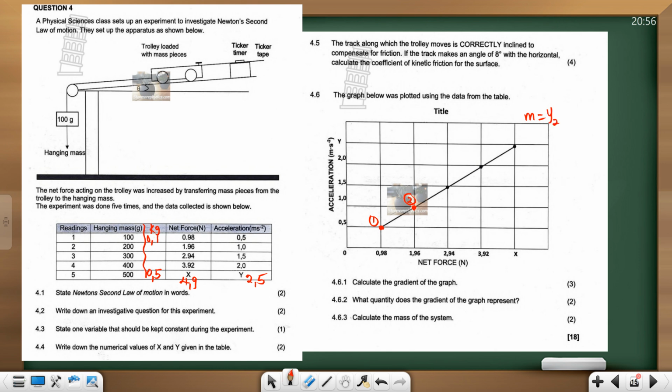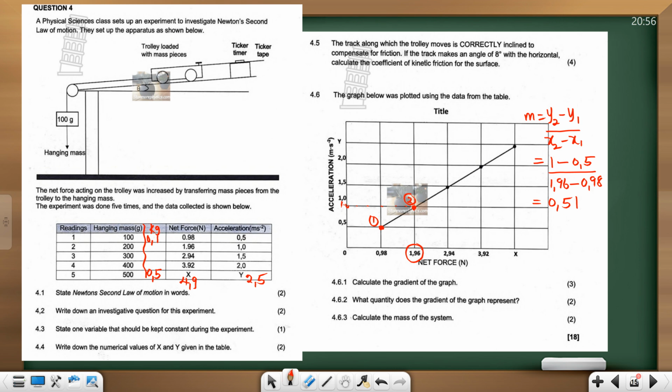Gradient is y2 minus y1 over x2 minus x1. Now, our y2, this graph shifted, the 1 is supposed to be here, right? So 1 minus y1, 0.5 over x2, 1.96 minus 0.98. Is this what you did that got you 0.51?